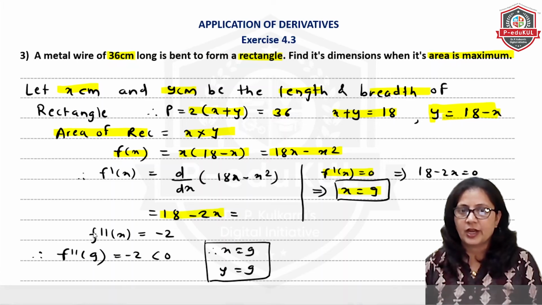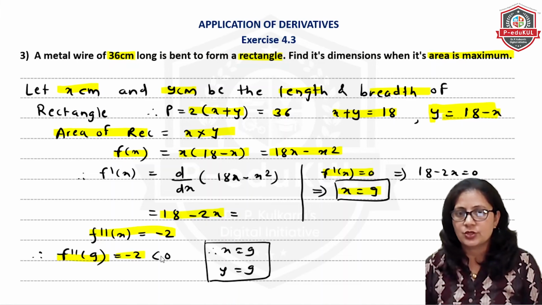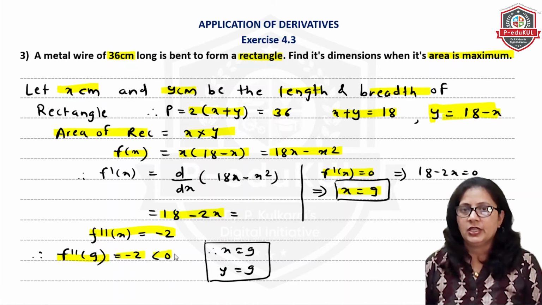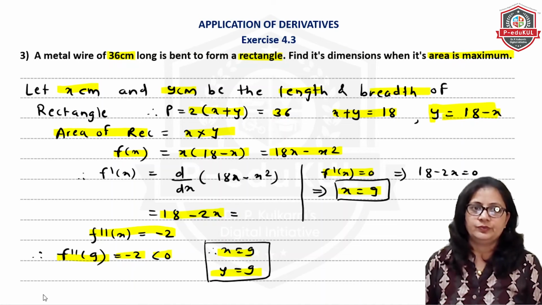So here the second order derivative is a constant function, that is minus 2, and hence f double dash of 9 will also be minus 2, which is less than 0. और यहाँ पे अगर 0 से कम आ गया तो this is maximum, right? If it is less than 0 then it is maximum. So area is maximum and length is 9, breadth is also 9.